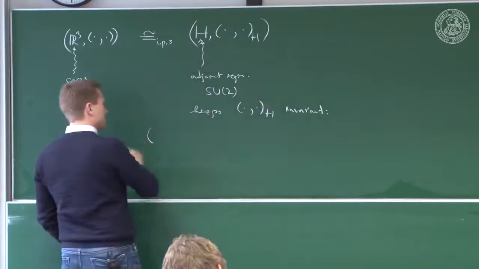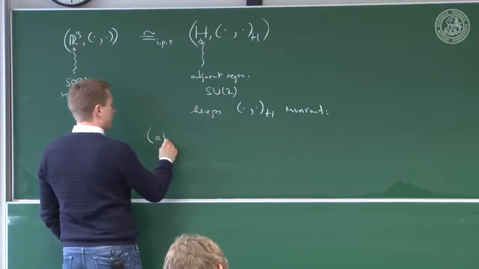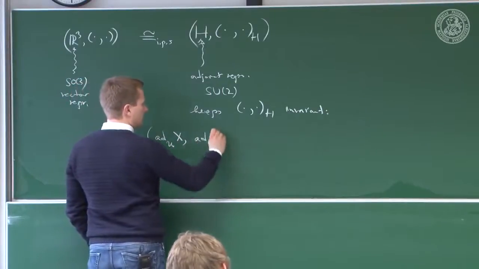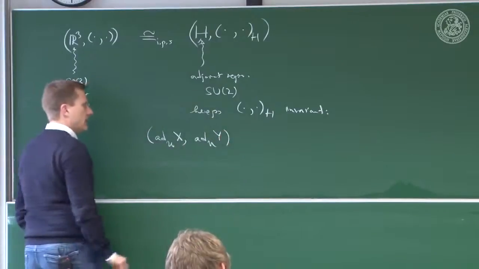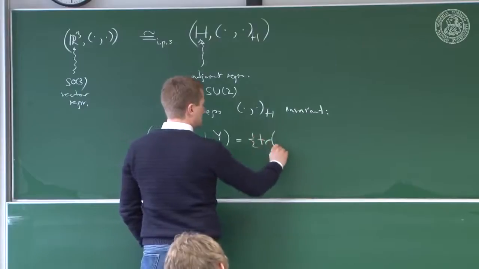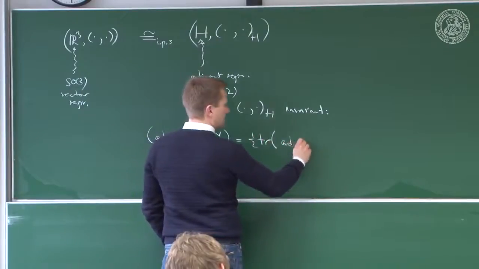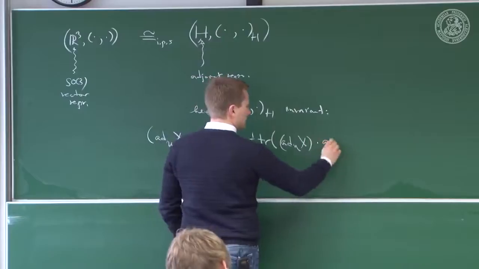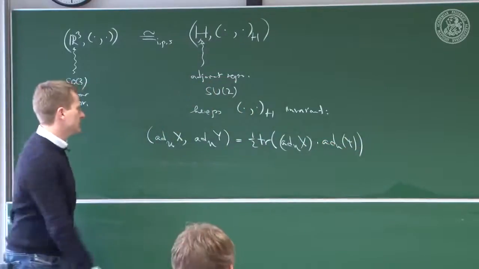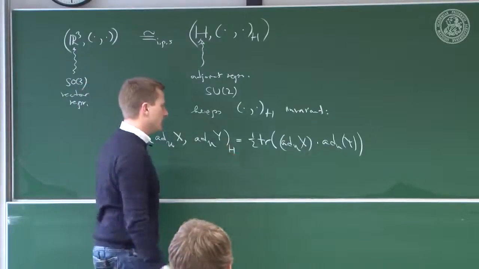Because, well, let's look at it. We take ad u acting on some x, ad u acting on some y. Well, this is, of course, 1/2 trace ad u on x dot ad u on y, because that's the definition of this H product.